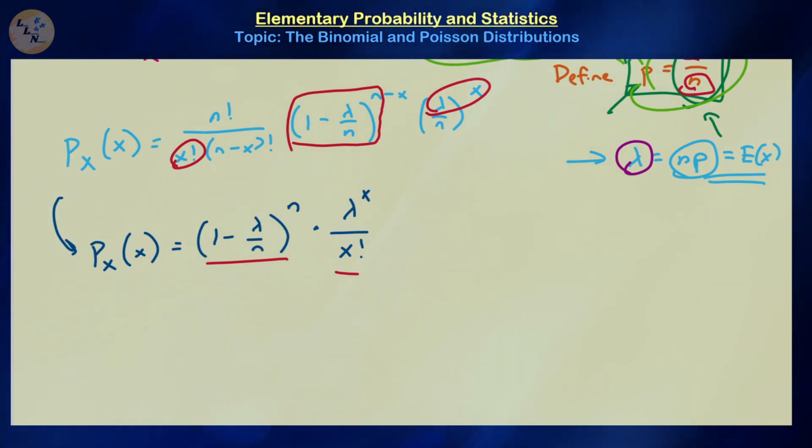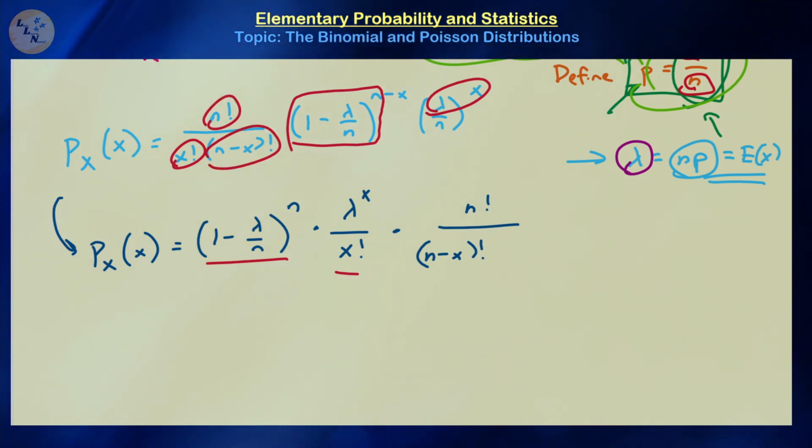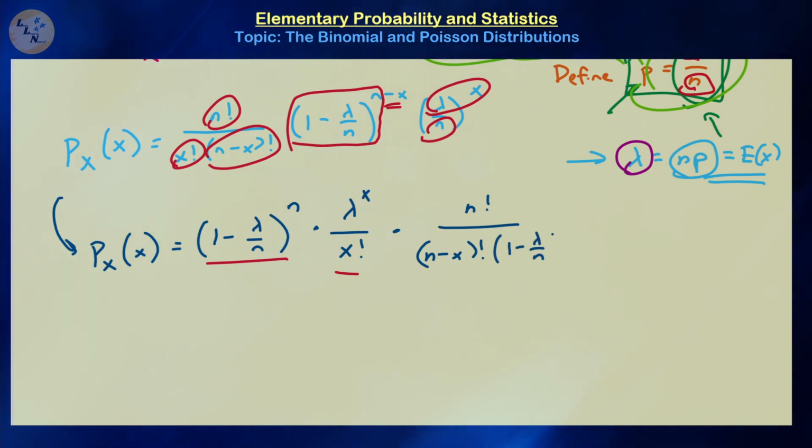Everything else I want to put on the end: n factorial over n minus x factorial. I'm still left with something with 1 minus lambda over n, and also an n to the x power. So let's put them down here: 1 over 1 minus lambda over n to the power of x, because it's negative x, so when we reciprocate it becomes positive, and n to the x.